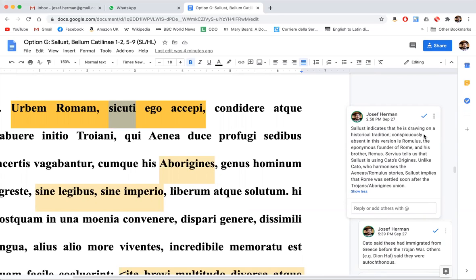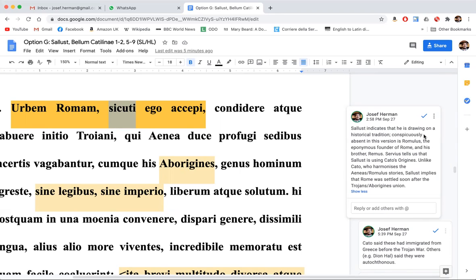Whereas Sallust, even though in some ways he might be using Cato, in this particular moment, he really ignores Cato. He goes a different way because he just ignores Romulus and Remus, and he suggests that soon after, the Trojans arrive in Italy and unite with the people he calls the Aborigines, the original or native inhabitants of the region.